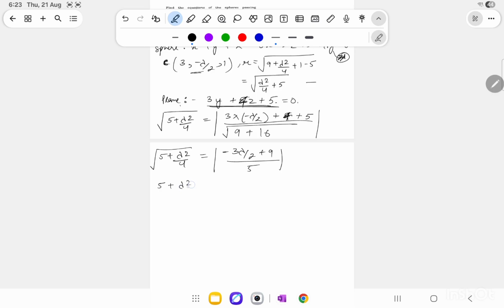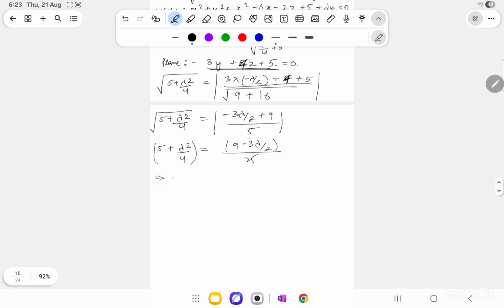So using that, I'll get 5 plus lambda square by 4 is equal to 9 minus 3 lambda by 2 divided by 25, which is further equal to 125 plus 25 lambda square by 4 is equal to 9 9 is 81 plus 9 lambda square by 4 minus 27 lambda.